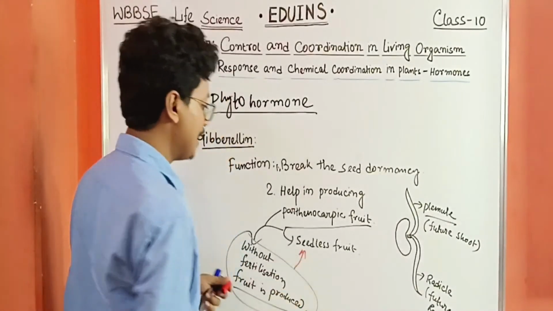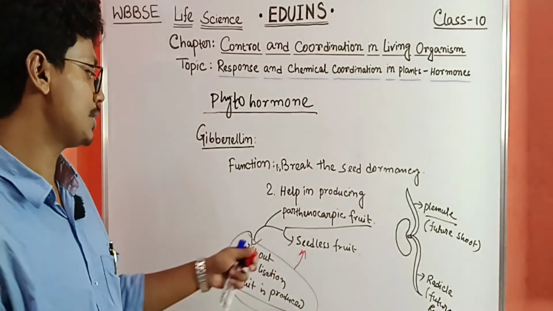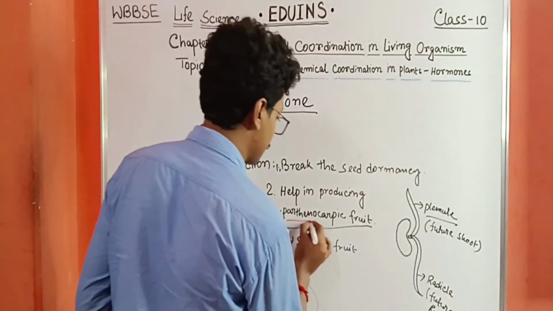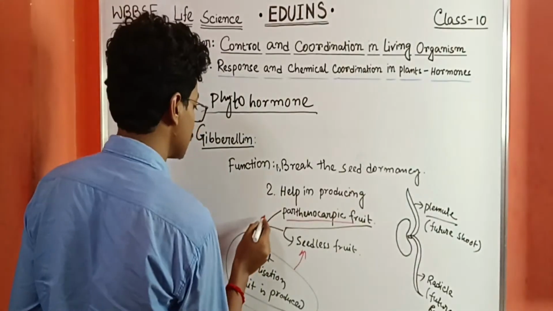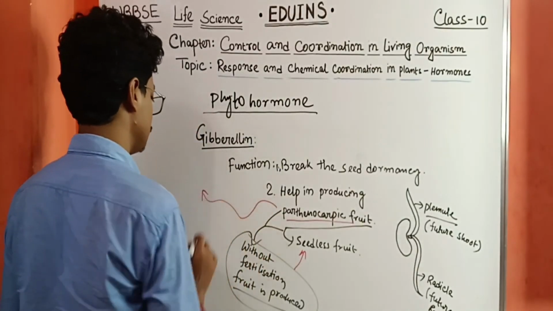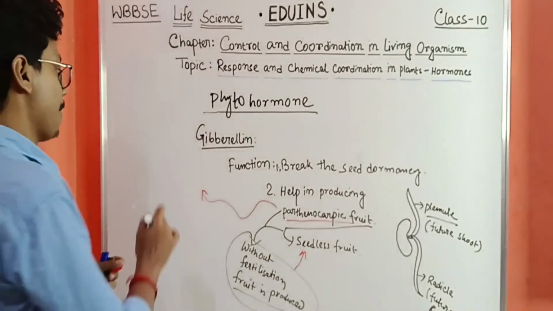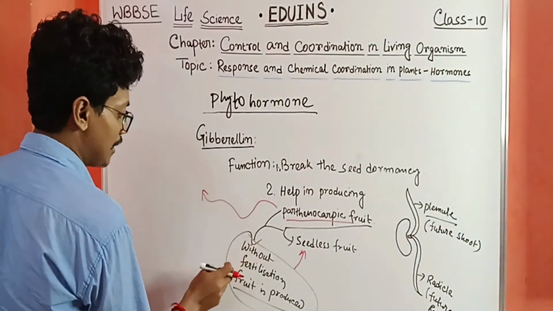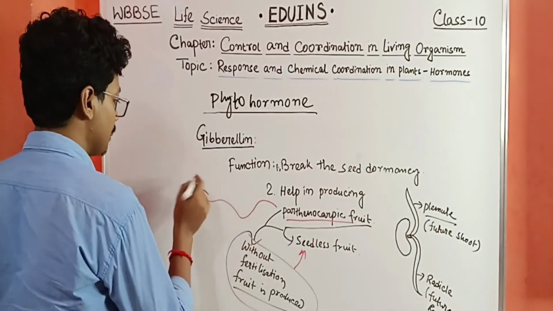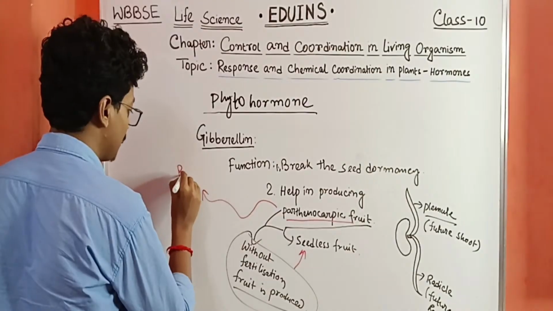These seedless fruits are known as parthenocarpic fruit. And this process of fruit production without fertilization is known as parthenocarpy.